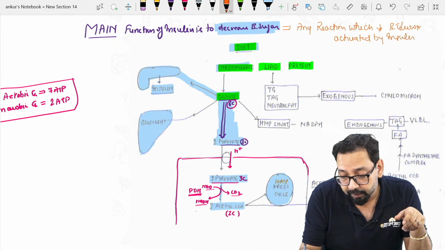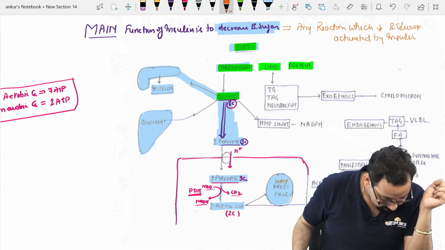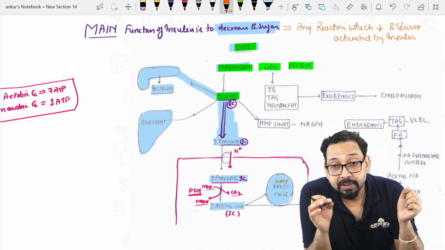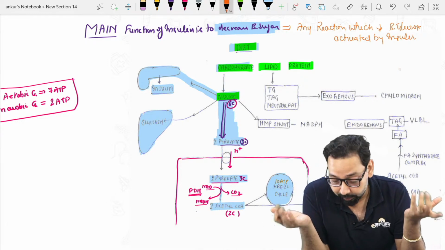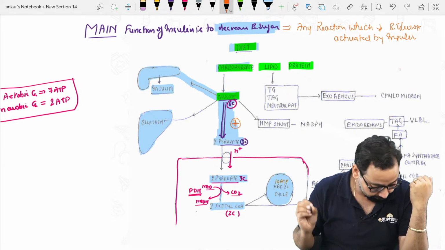So if I ask you that glycolysis, yes, decrease. So glycolysis will be activated by insulin or inactivated by insulin? This is activated by insulin. Clear?